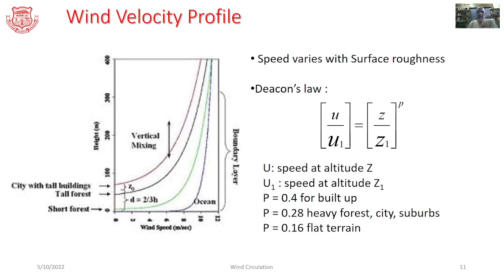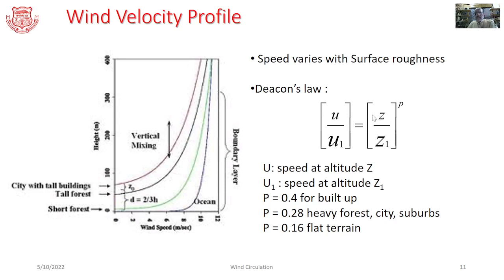So as you see here, Deacon's expression is expressed as u by u1 is equal to z by z1 raised to a certain exponent p, where u is the speed at altitude z, and u1 is the speed at altitude z1.